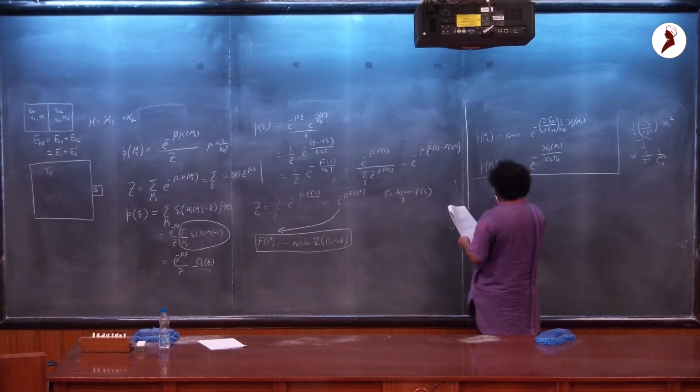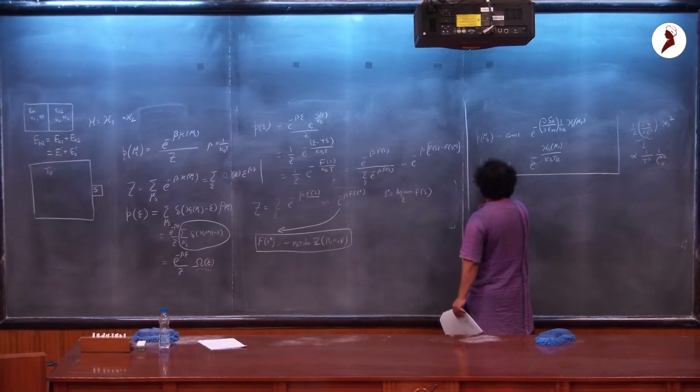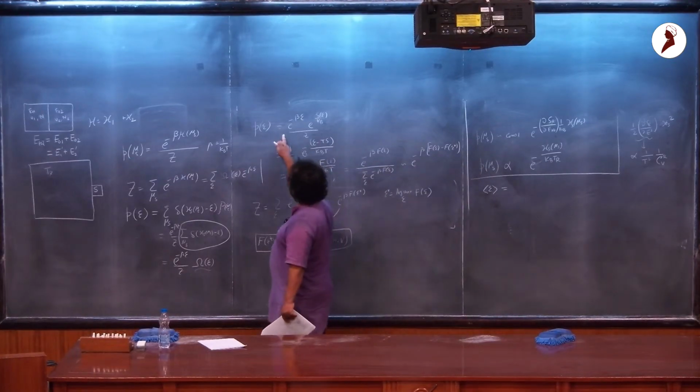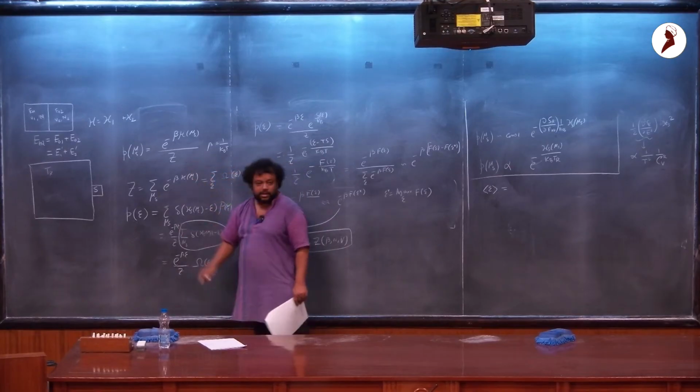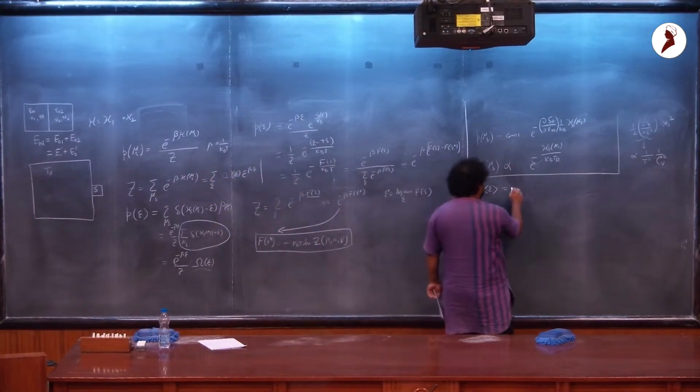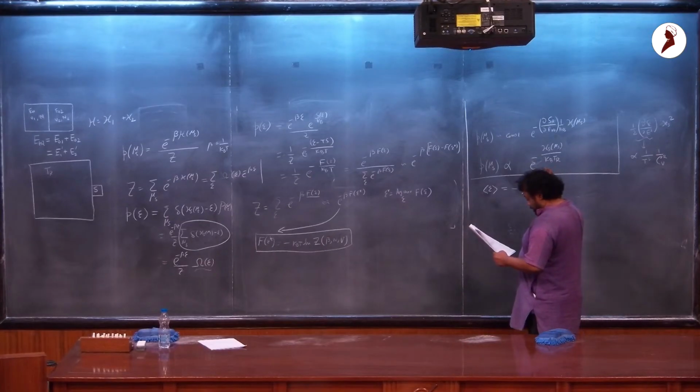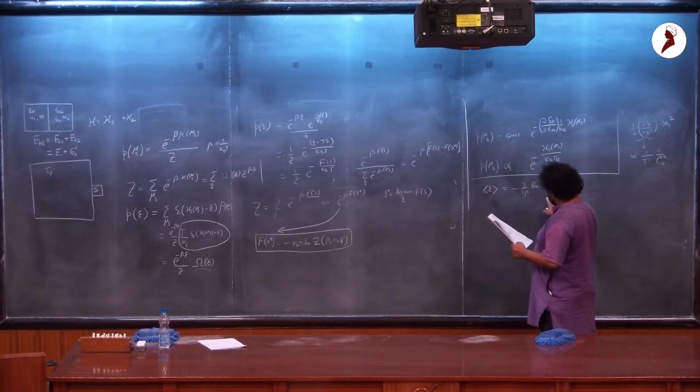If we compute the average energy from this relation, what do you get? You will get that this is minus del del beta of log Z, right? It should be correct.